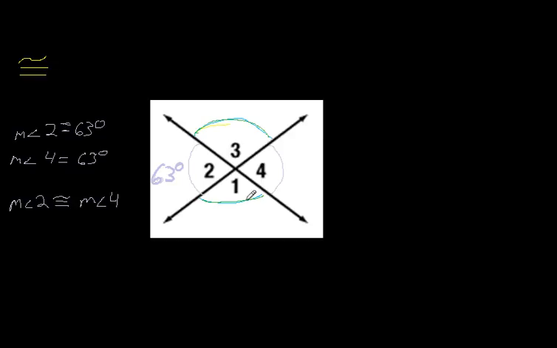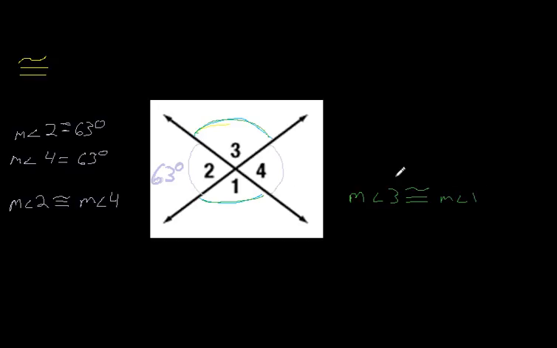If I tell you that angles 3 and 1 are vertical, you could automatically say the measure of angle 3 is congruent to the measure of angle 1.